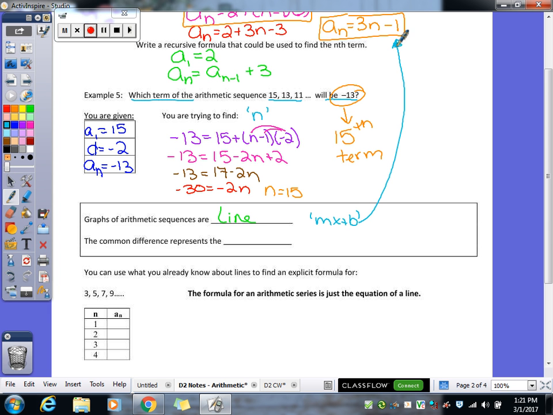If we took a look up there again at that first one on the top on this page here, that one does look like mx plus b form. It's just using an n instead of x. And the common difference is the same as your slope. So sometimes what we have to do is we use our slope formula to help us find our common difference if we need to.